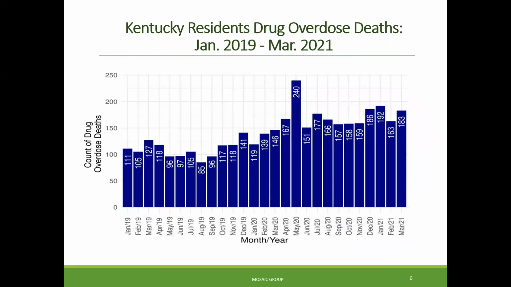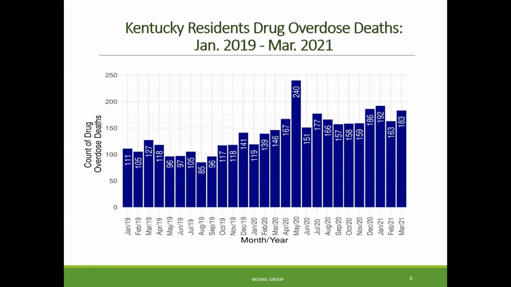Displayed here on Kentucky resident drug overdose deaths, this data shows us that from January 2019 to March 2021, we saw 1,964 Kentuckians had died from drug overdoses in 2020, a 49% increase in drug overdose deaths from 2019.